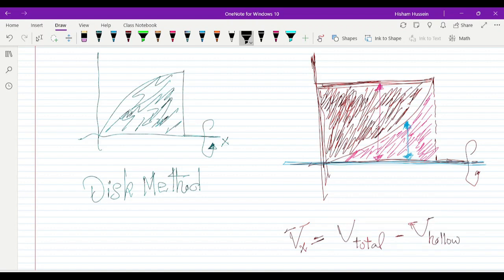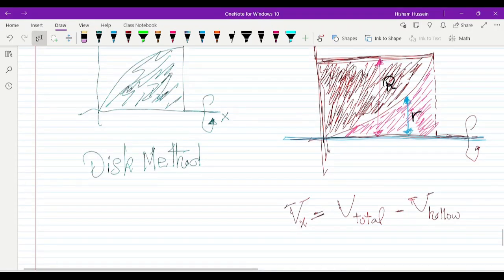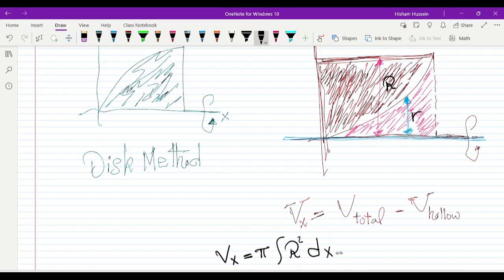The volume of the hollow has inner radius r small. The total volume has outer radius R capital. So the volume of rotation about x will be pi integration R squared dx minus pi integration r squared dx.